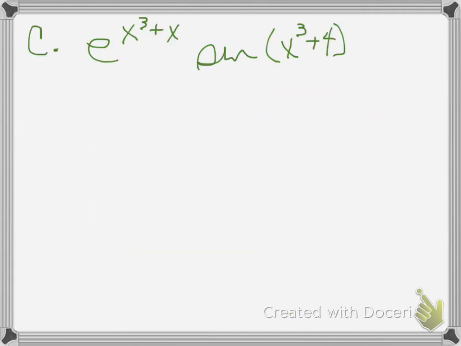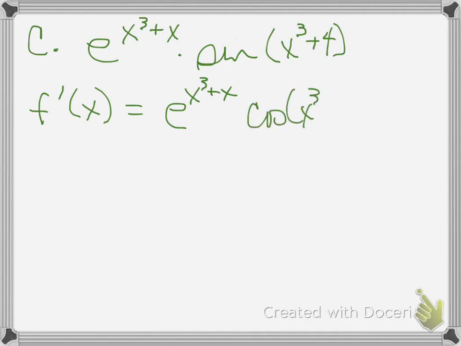Okay, so what you have here is a product, and your first term is an e term, and your second term is a trig term. So you didn't have f of x, but you need to have f prime of x equals, so left, exactly what you see, d right. Okay, d right is going to be cosine of (x cubed plus 4) times 3x squared.